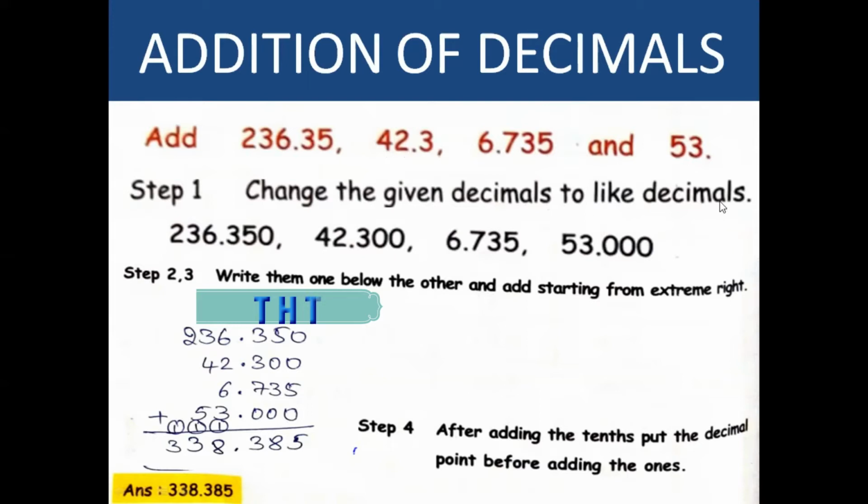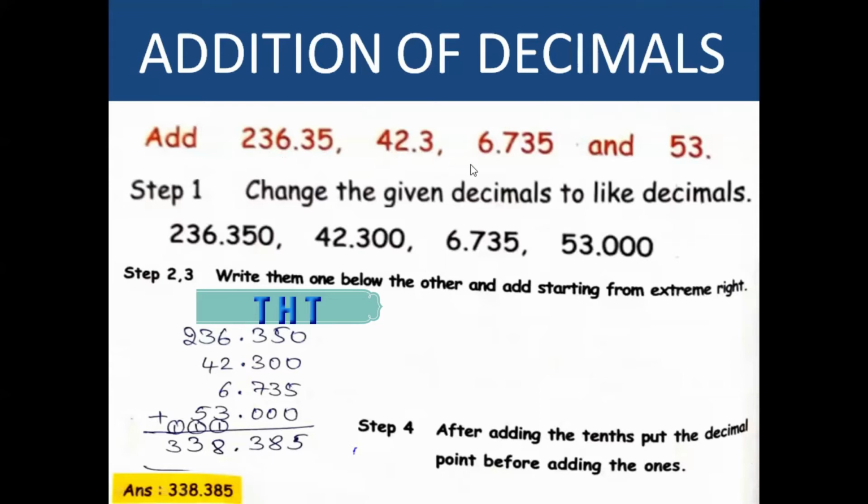Like decimals means the decimal place value will be the same. See here, we are changing into like decimals. In the question, the first number 236.35 has two decimal places. In the second one, we have only one decimal place, that is 3.